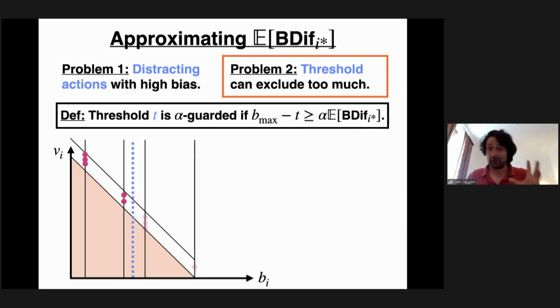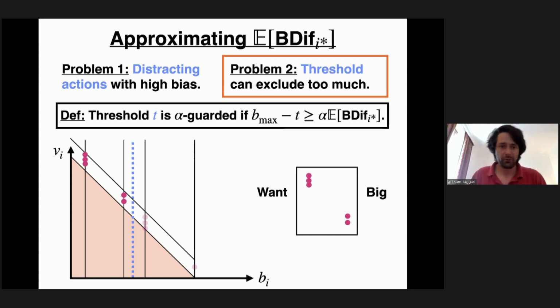To write down a condition for problem 2 not happening very much, well, let's just look directly at the pictures. So we saw that we were very unhappy when we cut off lots of these pink points. These were the realizations in opt. So let's just look at all of the opt realizations that are still from actions that are inside our threshold set. So that's these 3 points for action 1 and the 2 points for action 2. And let's just write down a condition that says that those represent a lot of utility.